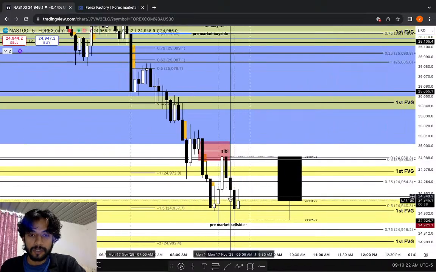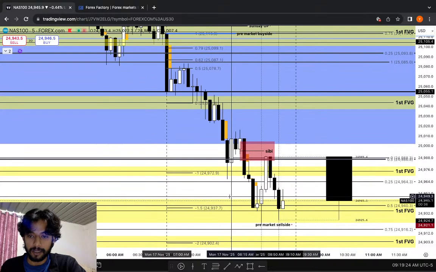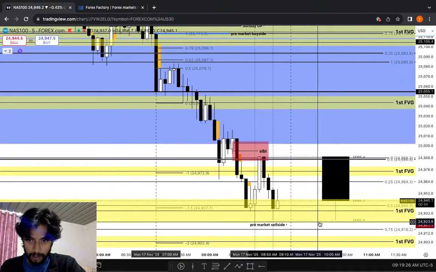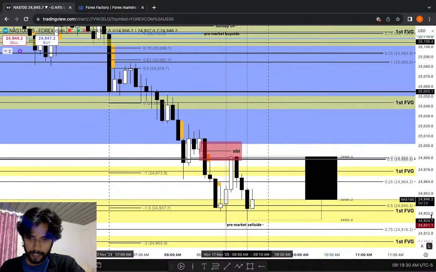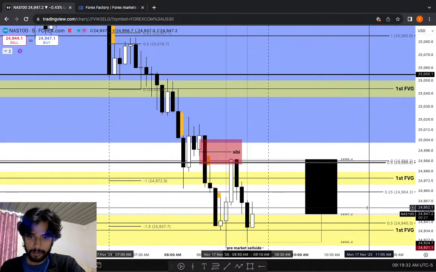But still you can use that price and that logic inside these markets as well, because logic never changes.